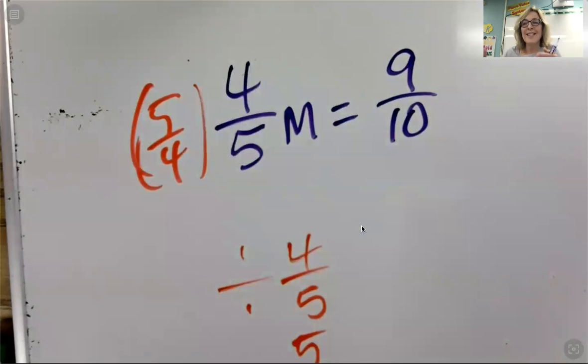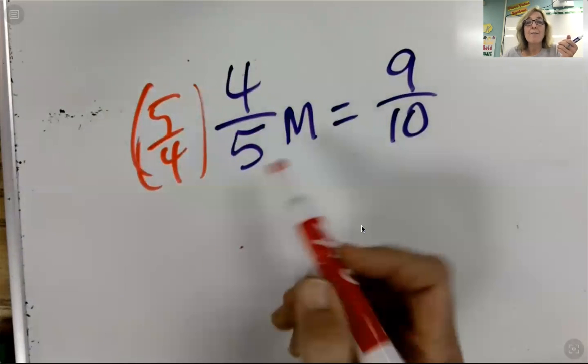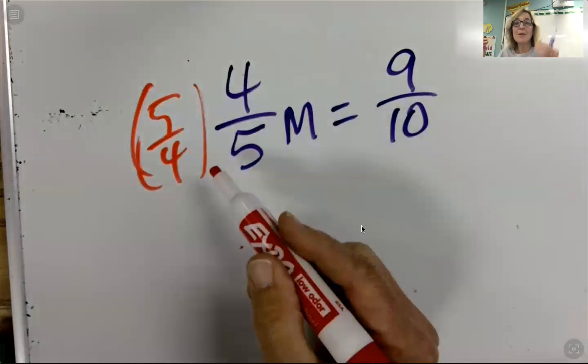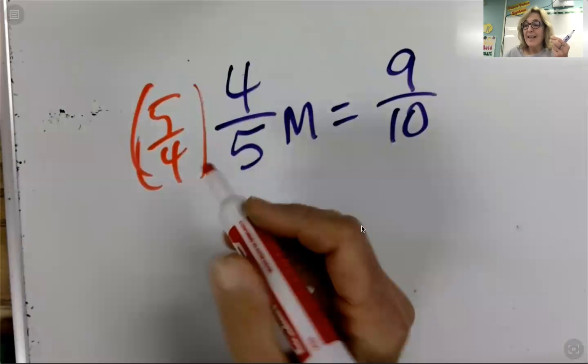Our goal is to get rid of that coefficient so we have an isolated variable. So if we want to get rid of 4/5, we could multiply it by 5/4, and any number times its reciprocal will give you 1. So this would then isolate the m.